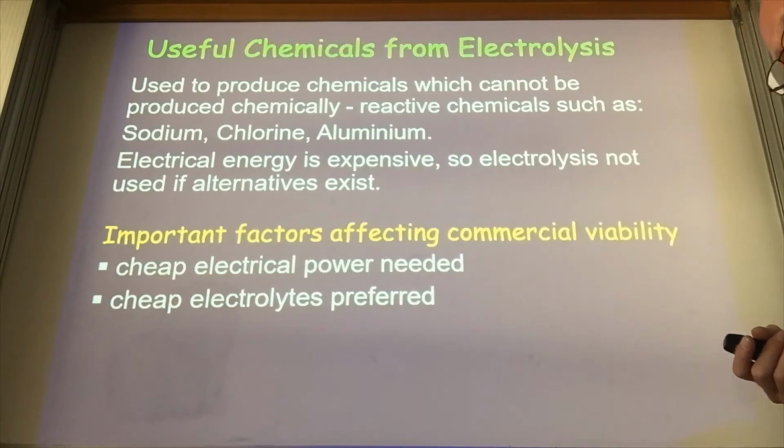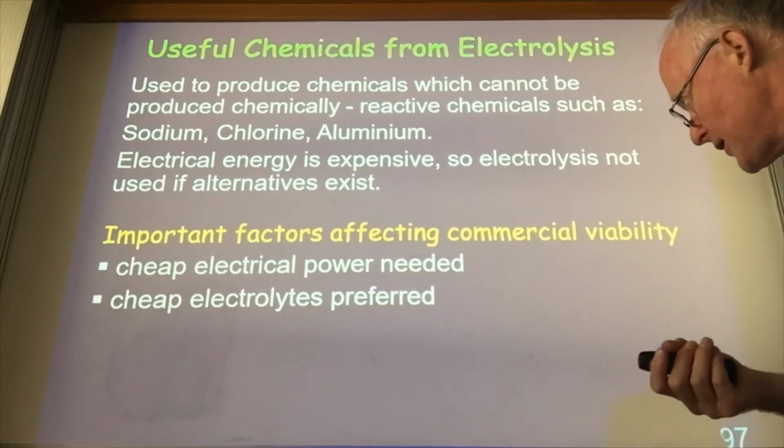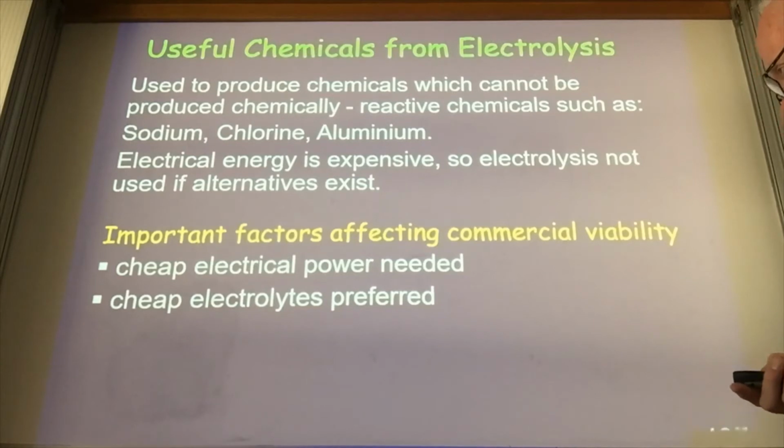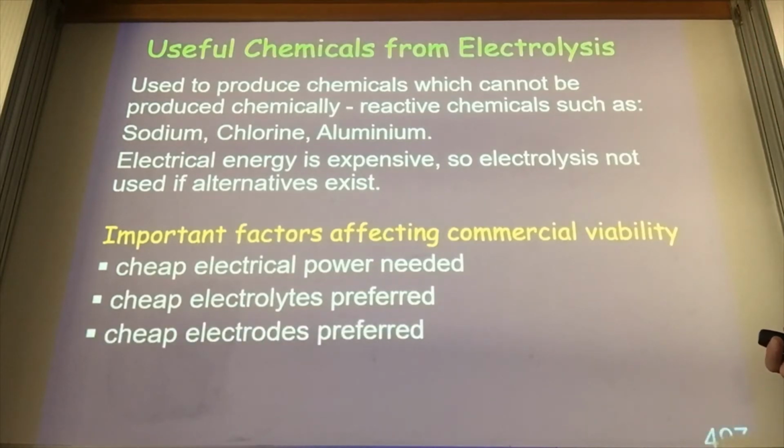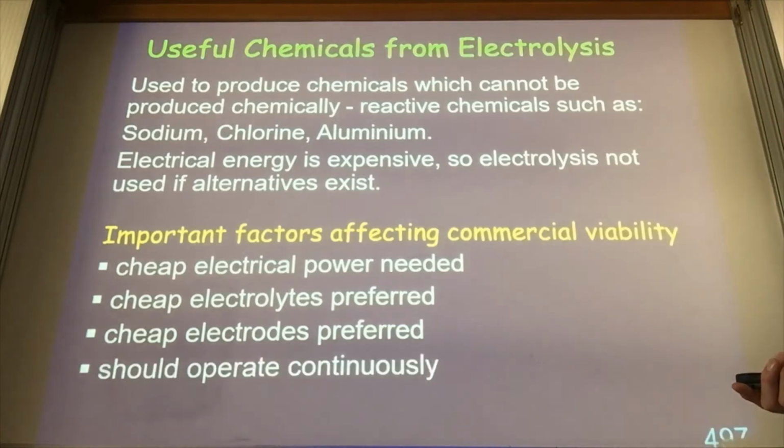Cheap electrolytes. So if you can engineer your electrolyte to be cheaper and still work well. Cheap electrodes. You quite often consume large amounts of electrodes. Continuous production too.